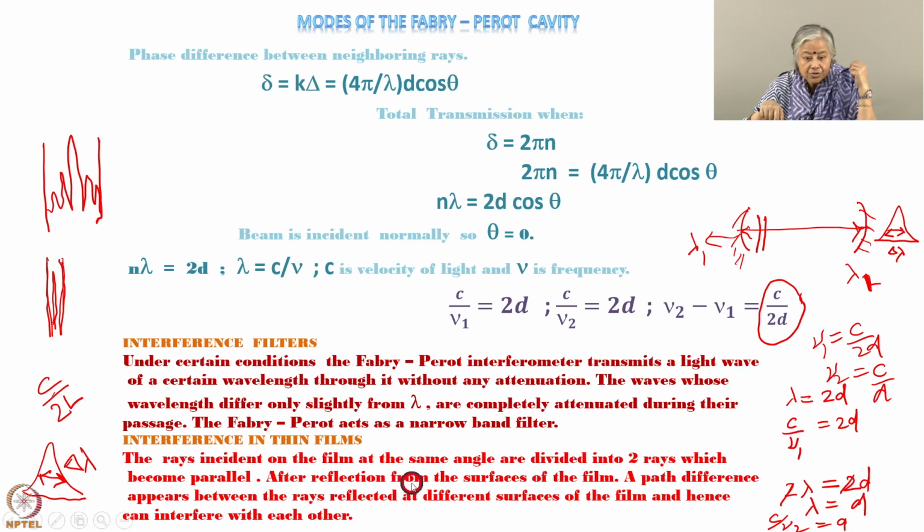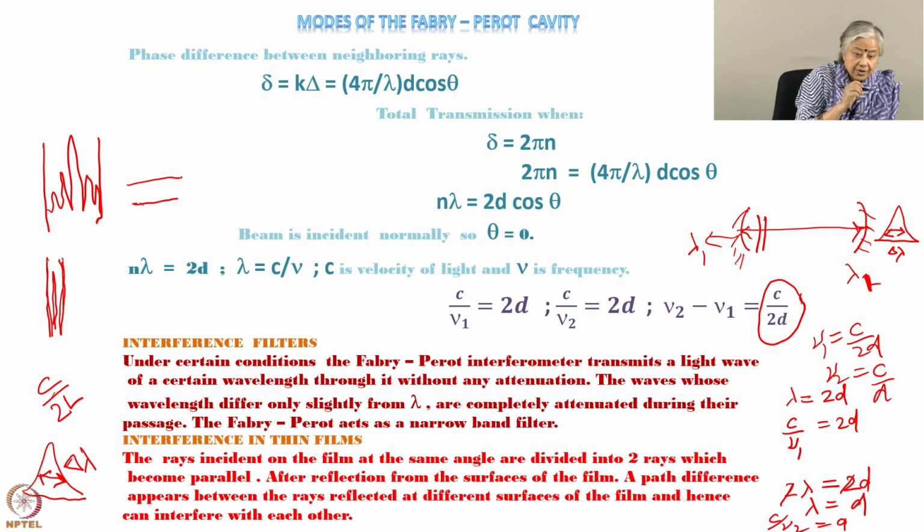The rays incident on the film at the same angle are divided into two rays which become parallel after reflecting from the surface of the film. A path difference appears between the rays reflected at different surfaces of the film and hence they can interfere with each other. So basically the principle is just the same.